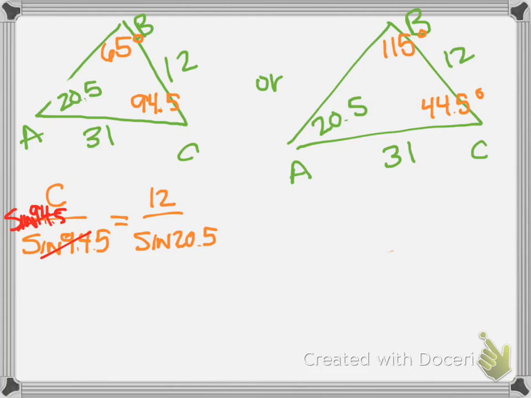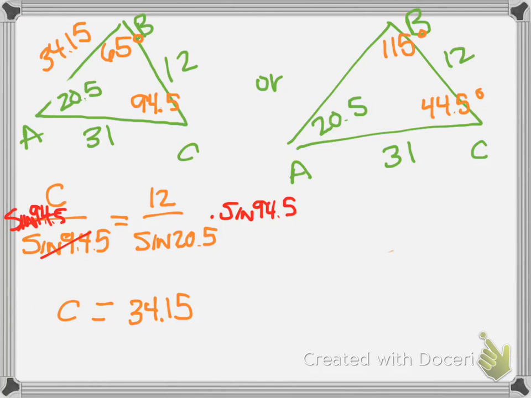And those are going to cancel out. And I end up with C equals 34.15.